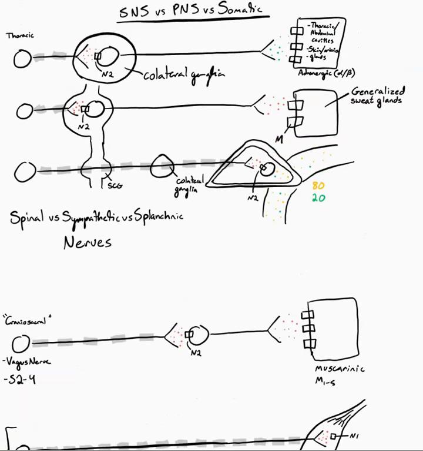Comparatively, we have the sympathetic and parasympathetic nervous systems, which are part of the autonomic nervous system, which means they're automatically controlled as reactions to environmental factors and things along those lines.